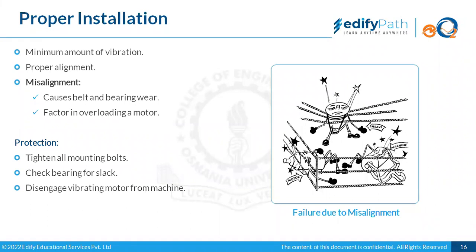So normally what happens is, when we are installing the motor, it would be used to run some machine, and its shaft would be connected to some prime mover. At that time, it should be properly ensured that the alignment is not misaligned.